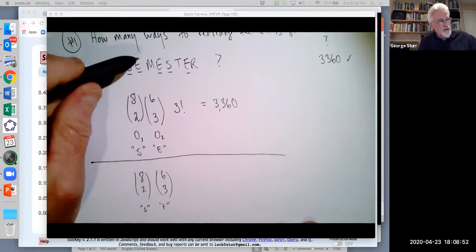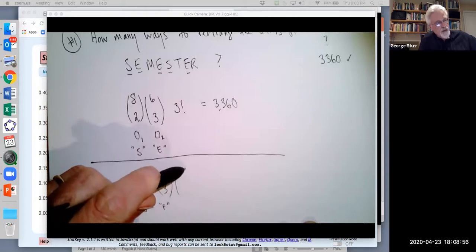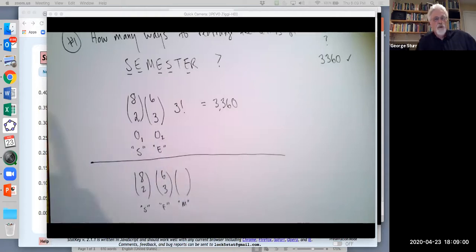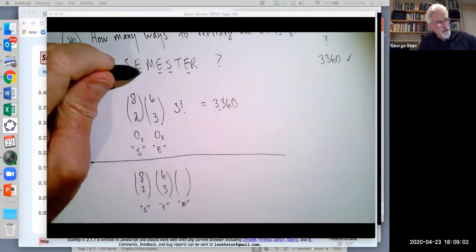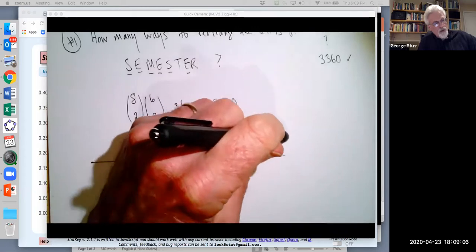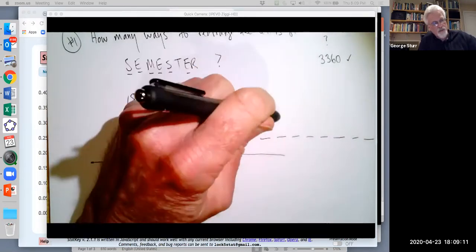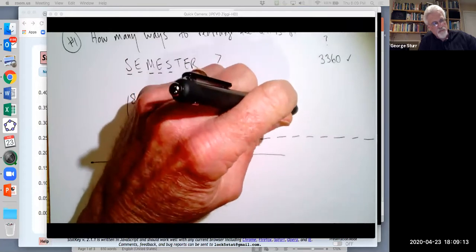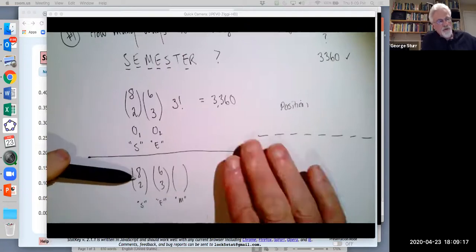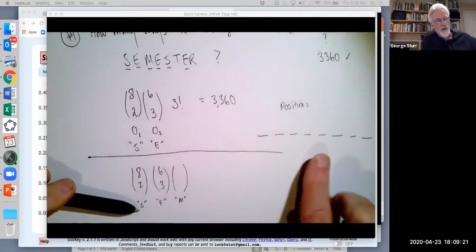Then the next letter that's not repeated is M, and I'm going to act as if that's all I'm doing. And what am I doing with the M? I'm trying to figure out where to put it. I have, well, let me write it over here. You have 1, 2, 3, 4, 5, 6, 7, 8 positions. And at the beginning here, what you're doing is you're saying from those 8 positions, choose 2 that'll be filled with an S.